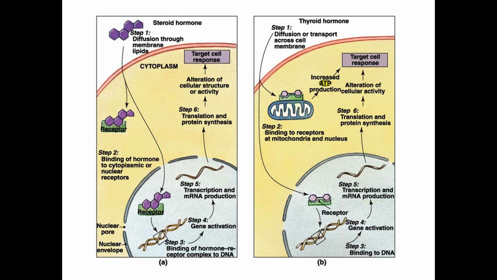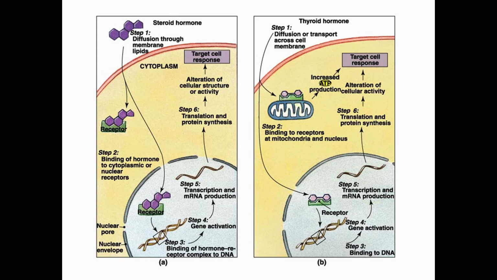On the other hand, thyroid hormone also diffuses across the cell membrane and enters the cells. Inside the cells, this thyroid hormone binds with its receptor present on the mitochondrial surface, or it enters the nucleus through the nuclear pore, and there it also binds with its receptor and acts on the DNA.